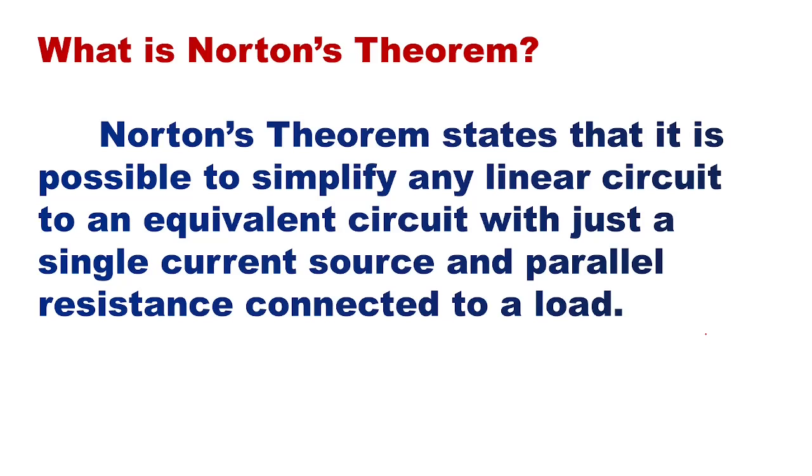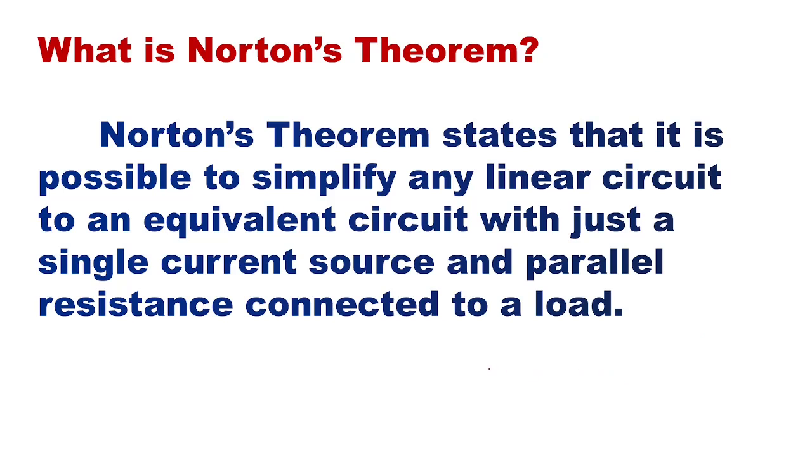Norton's theorem states that it is possible to simplify any linear circuit to an equivalent circuit with just a single current source and a parallel resistance connected to a load.